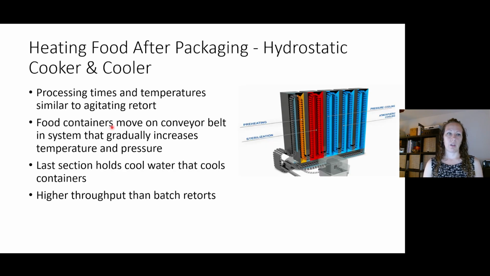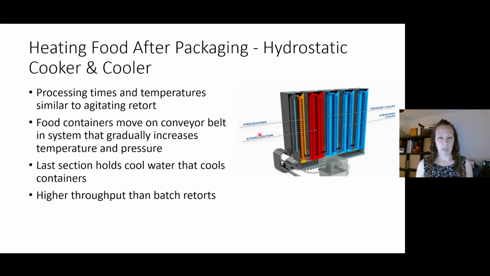The second method that we can use to heat food after we've packaged it, so we're still talking about in a can here, is the hydrostatic cooker and cooler. The heat, temperature and time combination is similar to an agitating retort. What's different is that instead of a big batch that goes into a tank, it is on a conveyor belt system.